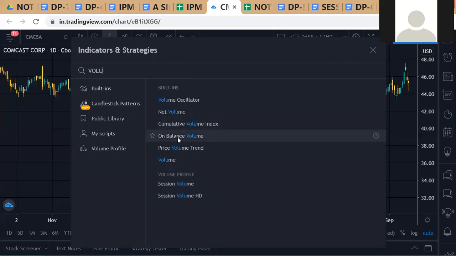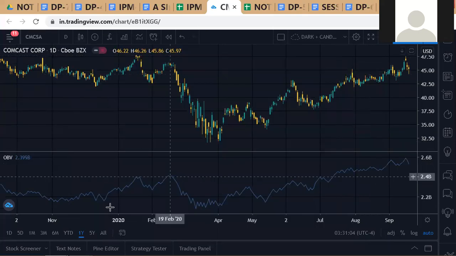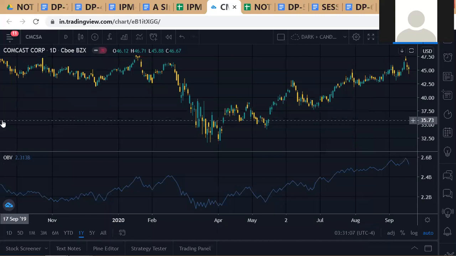So on volume, if you want to use volume, one of the most popular indicators is on balance volume. You can use that, and volume oscillator is also okay, but this is a better technique. Okay, so we'll put that, and then we'll ask your question. Now you tell me what is the question.